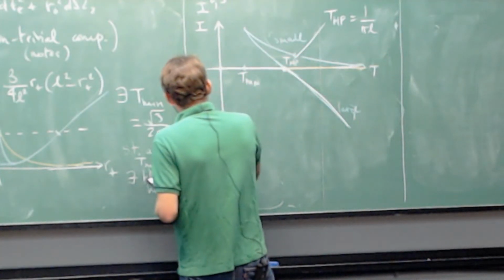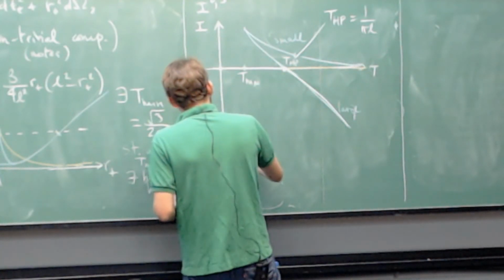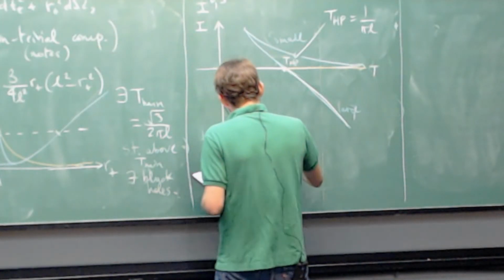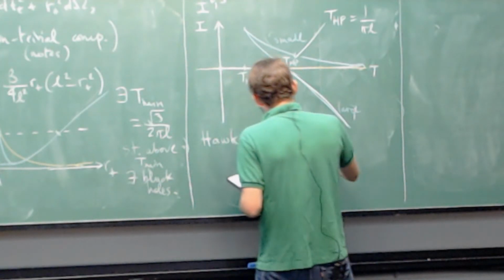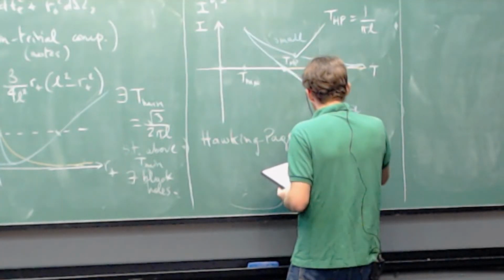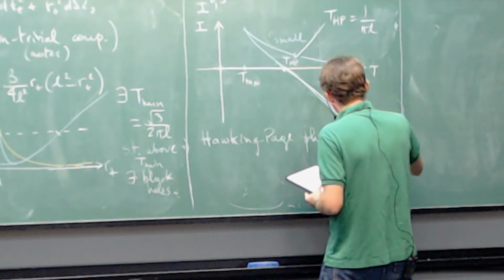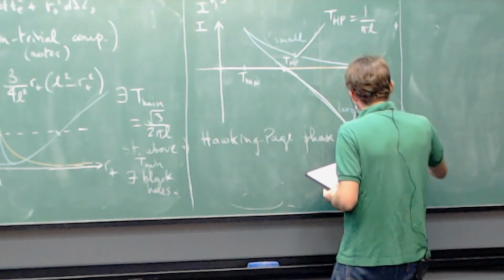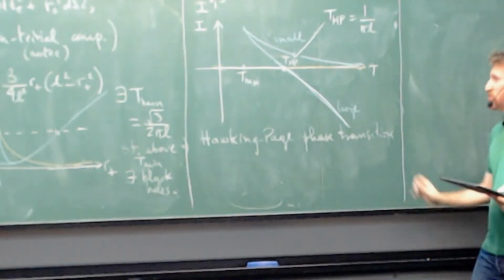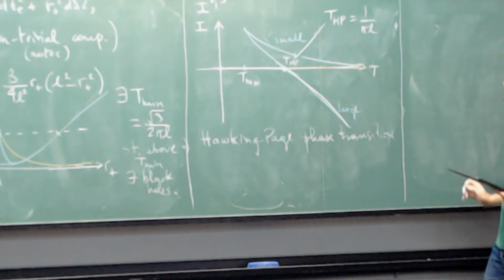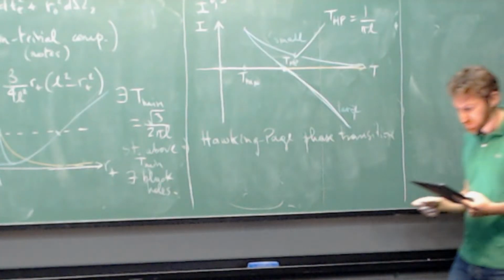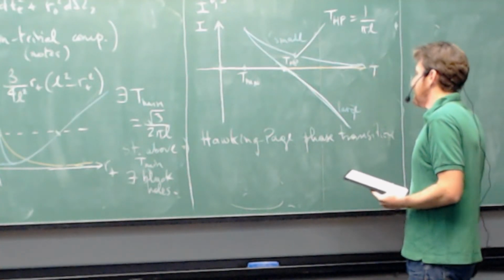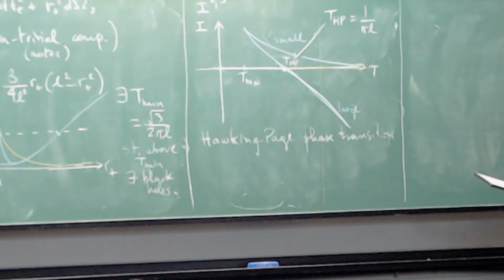And so you have what is called the Hawking-Page phase transition. Technically, it becomes a real phase transition only in the strict limit G to 0, because otherwise I should have considered the other contributions.